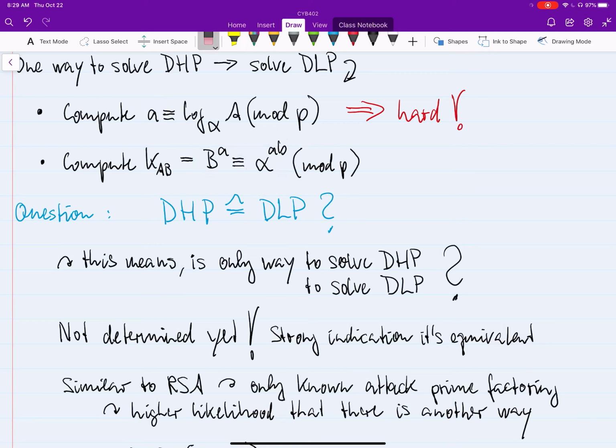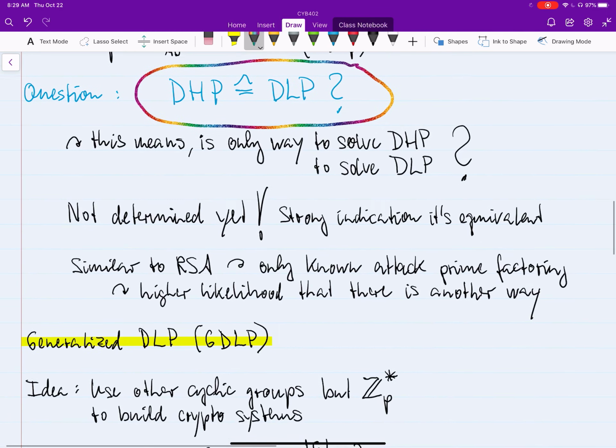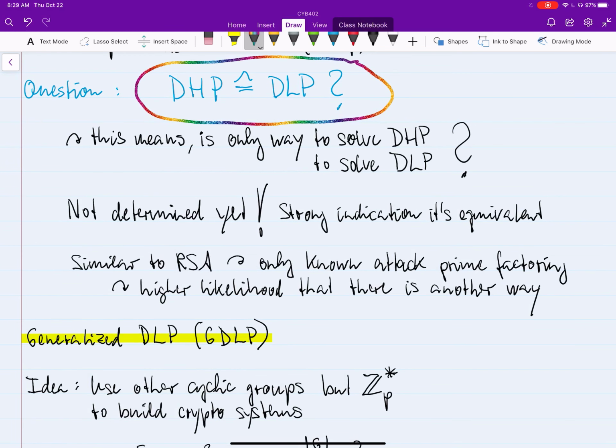So the big question at a more abstract level now is, is the Diffie-Hellman problem actually the same thing as the discrete logarithm problem? Which means, is the only way to solve the Diffie-Hellman problem to solve the discrete logarithm problem?